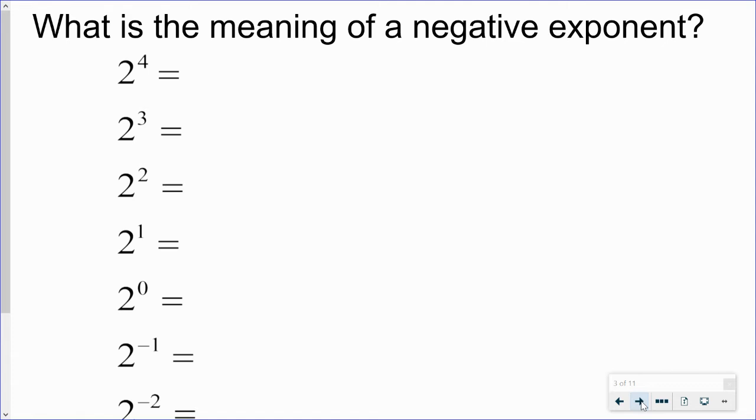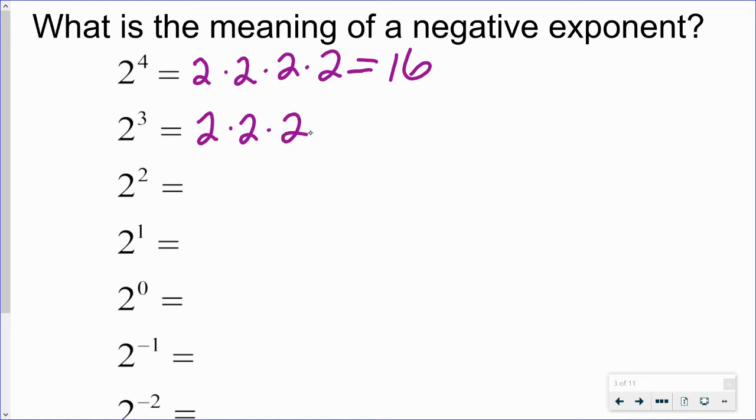Well, in effect, 2 to the power 4 means 2 times 2 times 2 times 2. That is in effect 16. This means I'm taking 2 times itself 3 times, which is 8. This is 2 times 2, which is 4. Oh, do you see what's happening? 2 to the power of 1 just means you only have a 2.